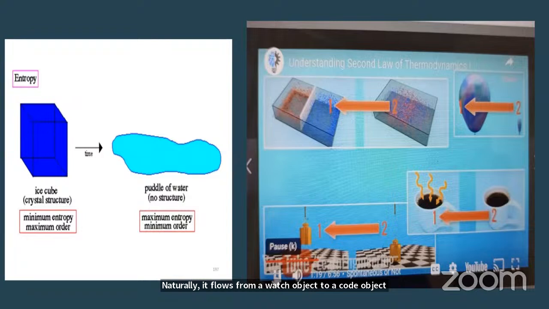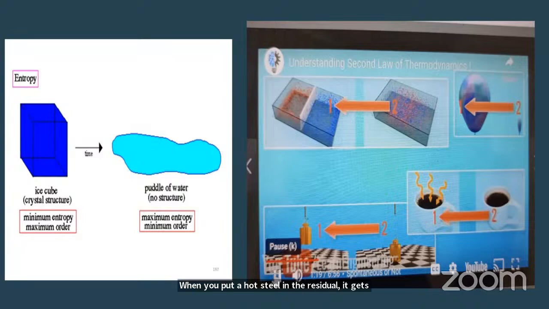If you want the reverse to happen, that means that you're going to have an external aid. Heat does not naturally flow from cold to hot, except if energy is being added. That is, you need an external aid. For example, in our refrigerator, when you put a hot thing in the refrigerator, it gets cold.